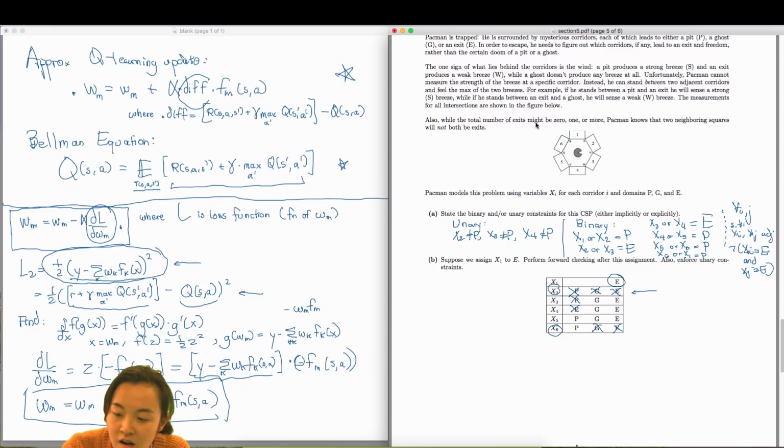So we're told that the 6th corridor is equal to G, which means that 1 and 5 both have to be pits. Otherwise, we wouldn't be able to generate these strong breezes here. And for 2, 3, and 4, there's actually a variety of satisfying assignments.